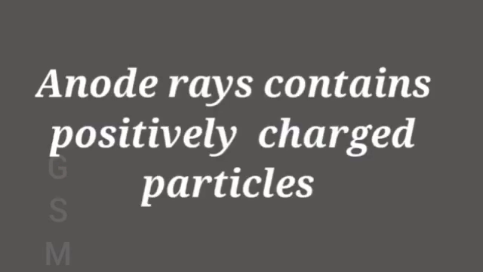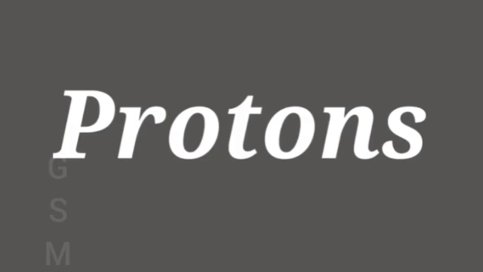Unlike cathode rays, anode rays contain positively charged particles as they are attracted towards the negative plate of an externally applied electric field. Also unlike cathode rays, the nature of anode rays depends upon the gas in the discharge tube.